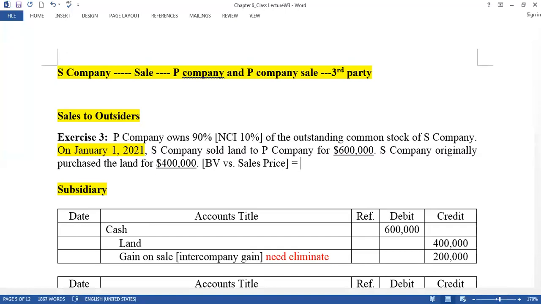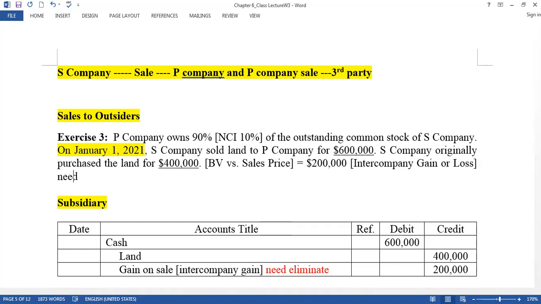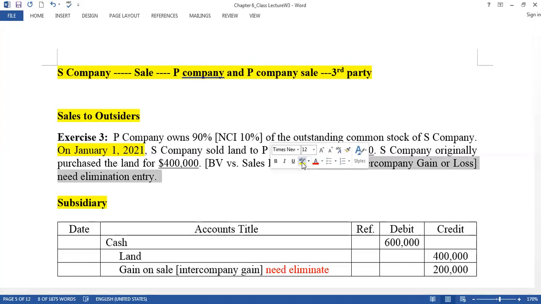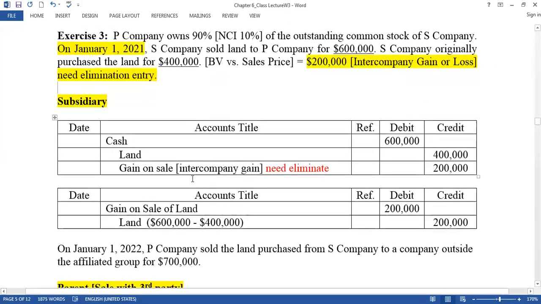So the difference is $200,000, and you know that this is intercompany gain or loss, and it needs an elimination entry. Up to here, this is the journal entry done separately.